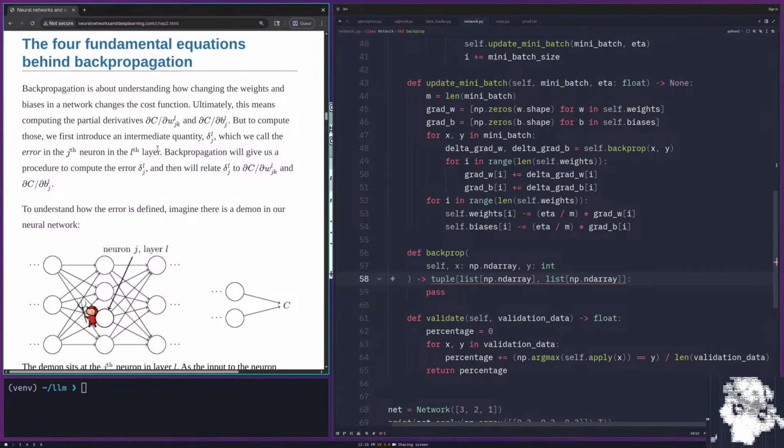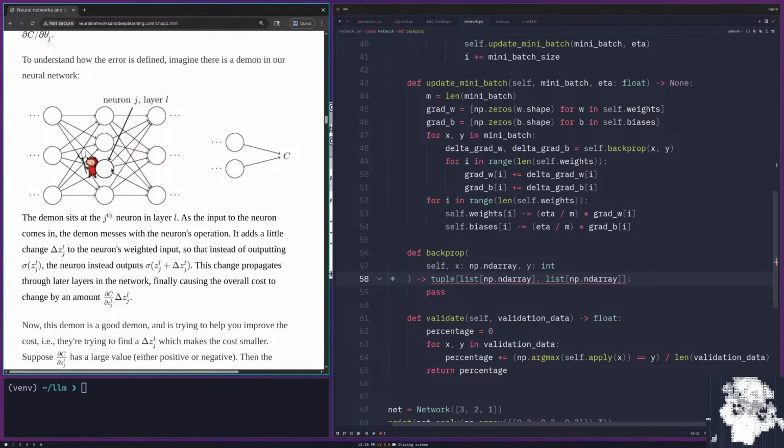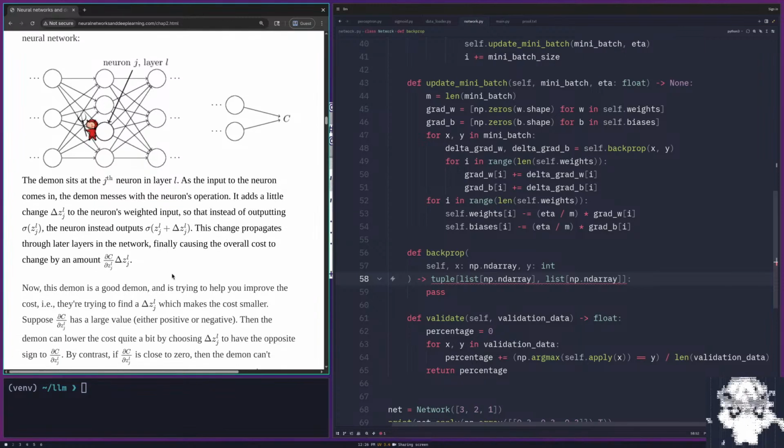To understand how the error is defined, imagine there is a daemon in our neural network. It sits at the jth neuron in layer l. As the input to the neuron comes in, the daemon messes with the neuron's operation.